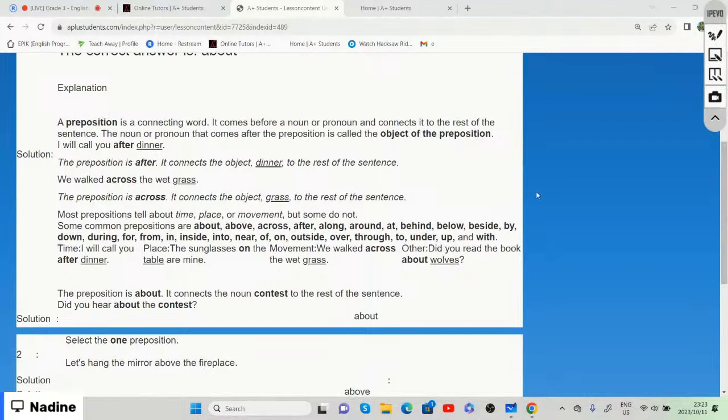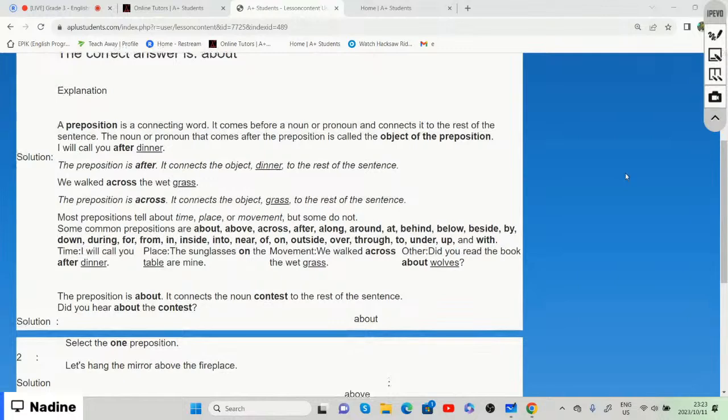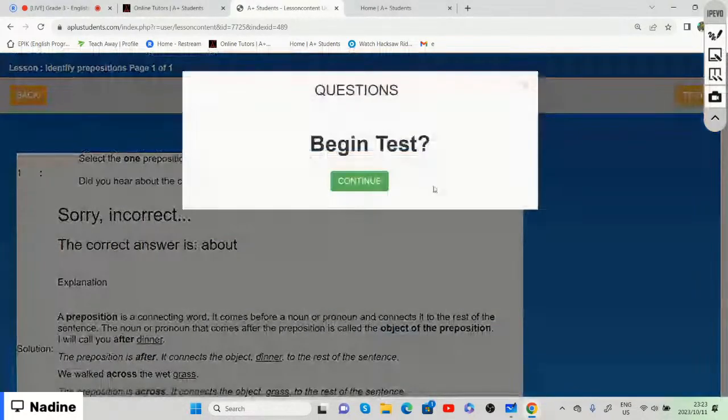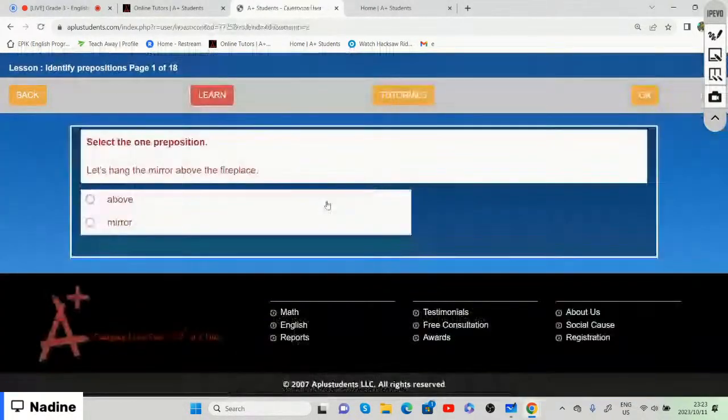And we have prepositions of time, movement, as well as place. All right, now let's go to our test. So we are going to select one preposition within the sentence.